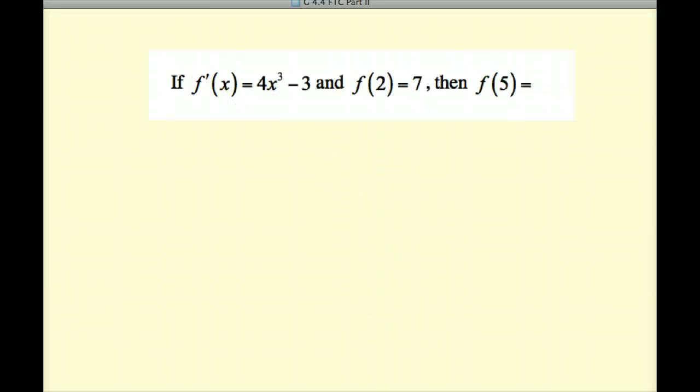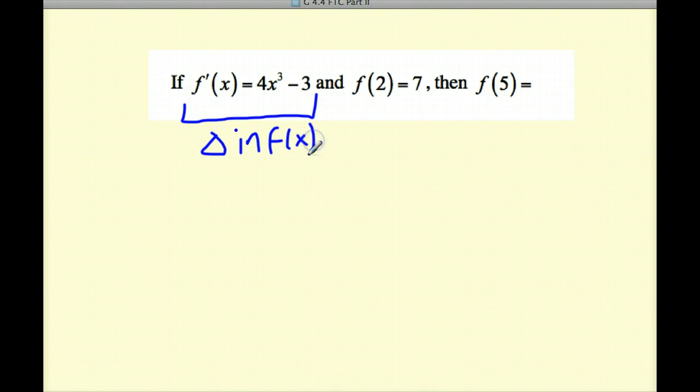So our problem right here says: if f prime of x is equal to 4x cubed minus 3 and f of 2 equals 7, then f of 5 is equal to what? So we have a change in f of x right here.